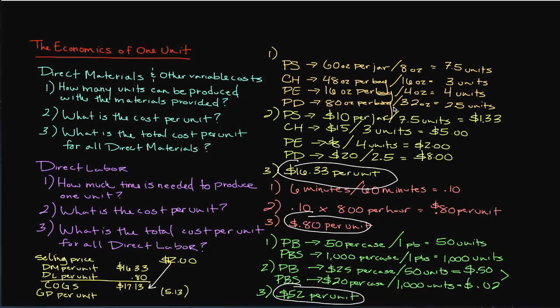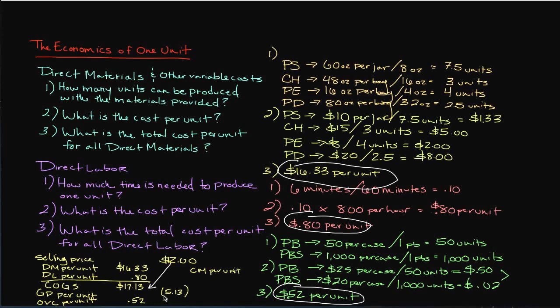The next thing we have is other variable costs. And that, of course, equals 52 cents per unit. Okay. And that last thing we're going to do is reduce that from our gross profit per unit, and we're going to get our contribution margin per unit. I'm running out of room over here, so I'm going to move this to this side and say CM per unit.